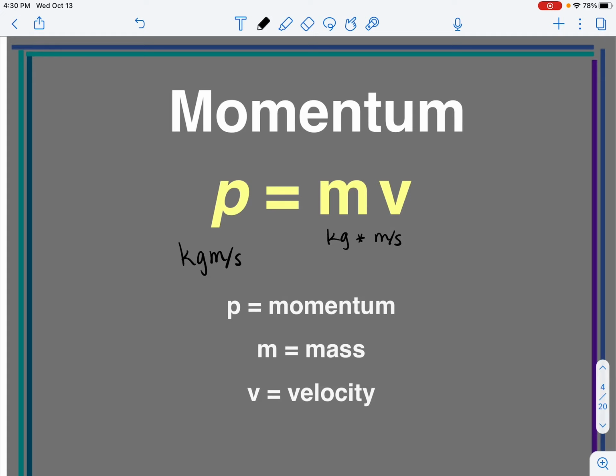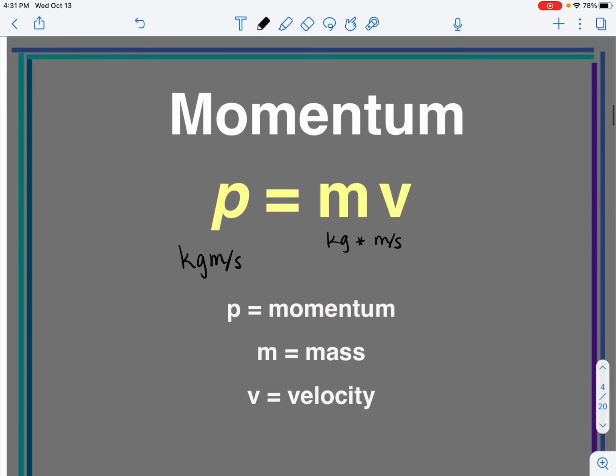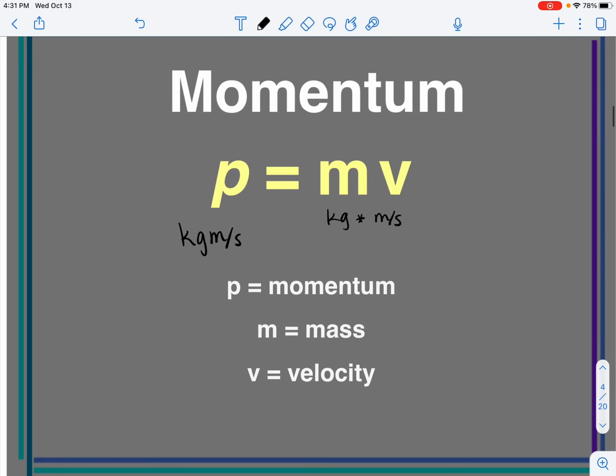When we talk about relationships between our variables, remember that if we have mass and momentum set equal to each other and they are both in the numerator, then they are going to be directly related. What this means conceptually is, let's say that we have two objects.